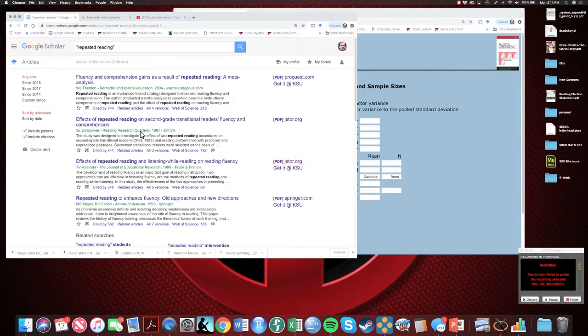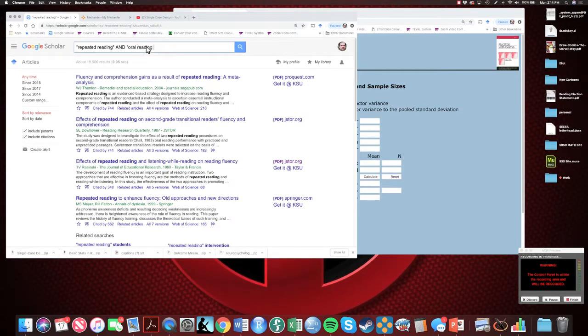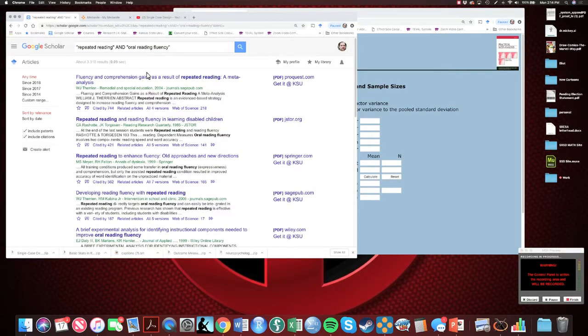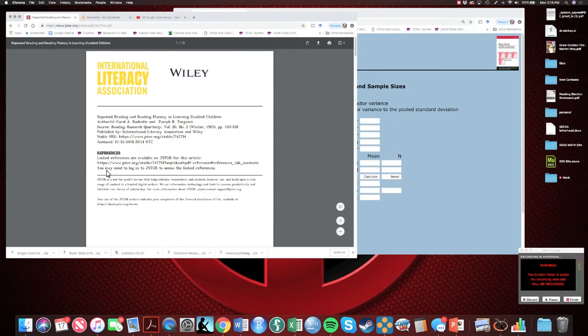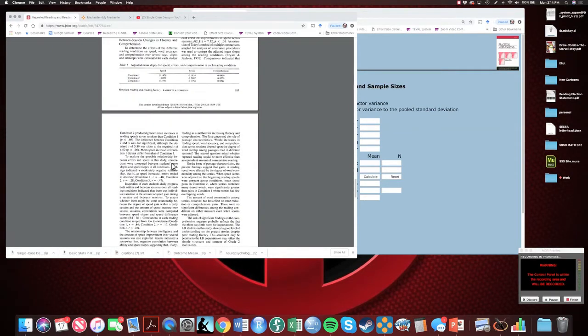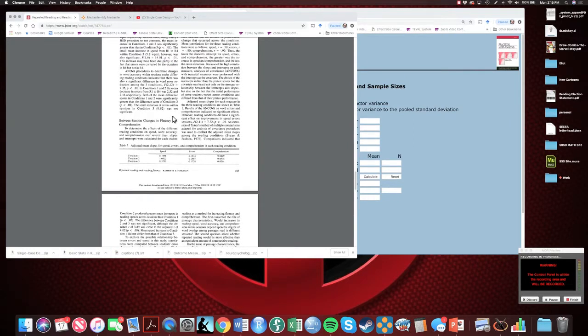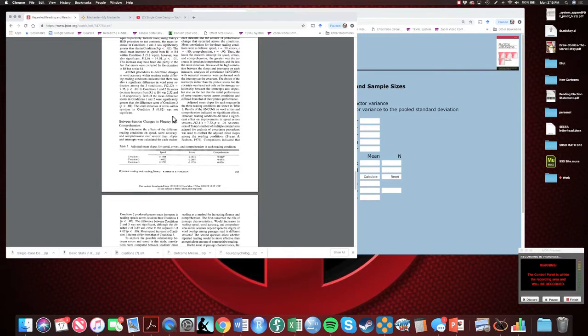Let's go back. Here we can see in condition 1 they were at 0.195, condition 2, but that might not be all that helpful either.